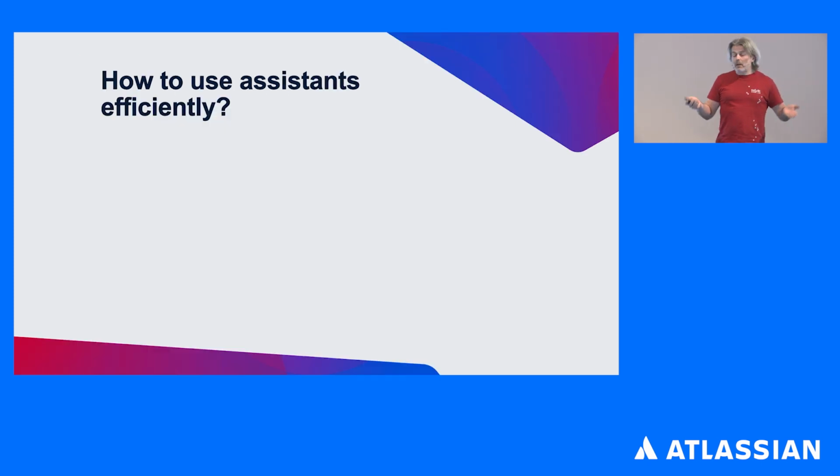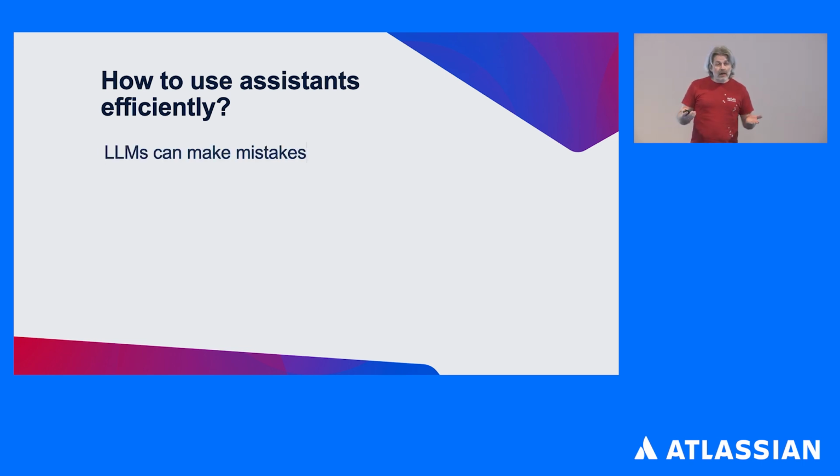A couple of things that we recommend to our users on how to use assistants efficiently and get better results. At first, as everyone knows, LLMs can make mistakes, they can hallucinate, so always test the result that you get and check whether it really is what you need.